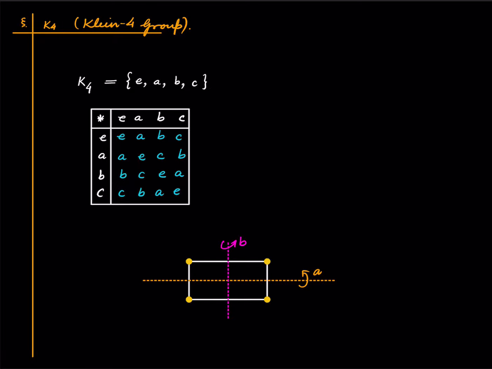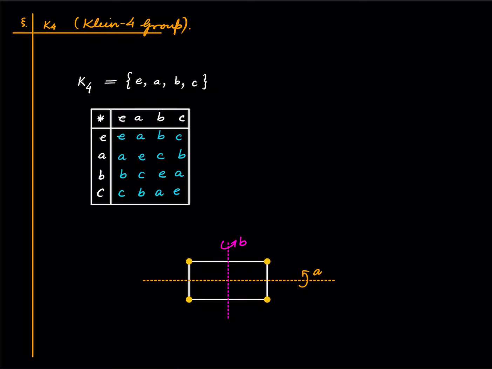A rectangle is not a regular polygon, but basically you could say that we are taking the quote-unquote dihedral group of the rectangle. So take the reflection about this horizontal line, which takes this vertex to that, and that vertex to that, and this vertex to that, and this vertex to that.